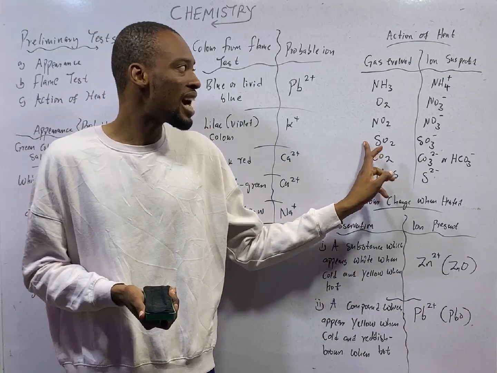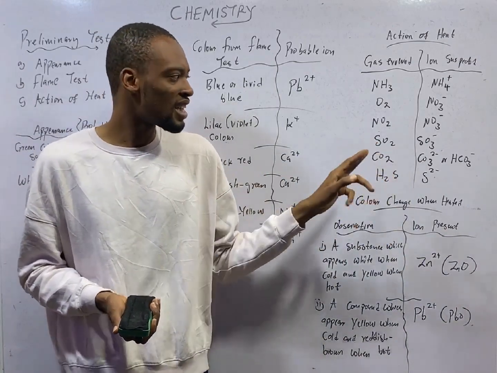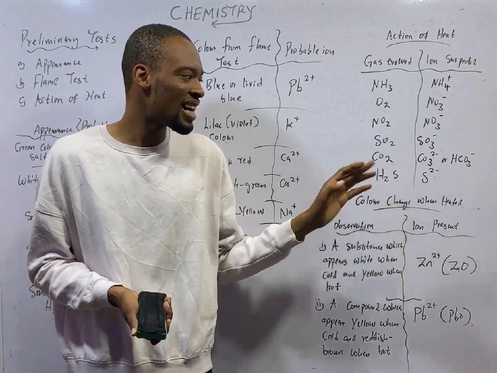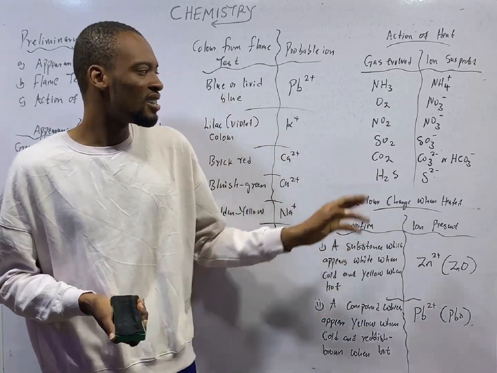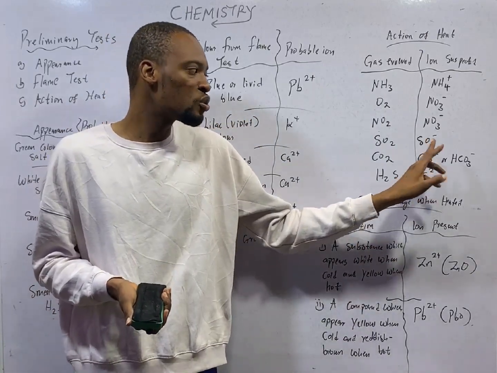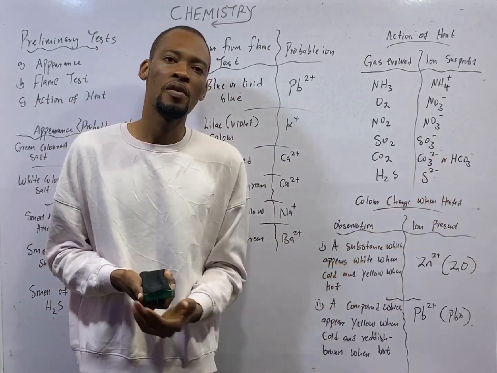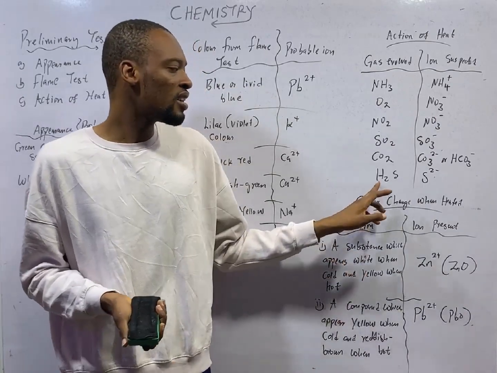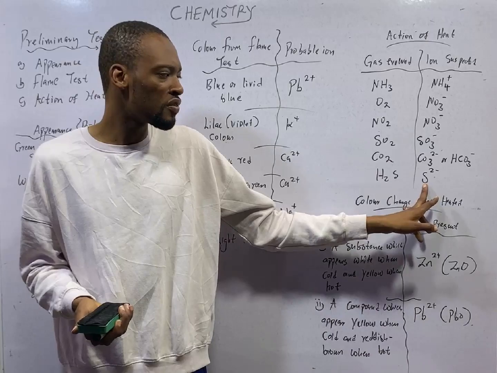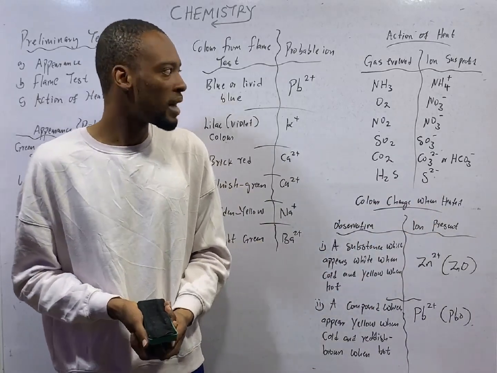When SO2 gas is evolved, know that SO3 2 minus is present. When carbon dioxide gas is evolved, we are suspecting CO3 2 minus or HCO3 minus. And when hydrogen sulfide gas is evolved, we are suspecting the presence of sulfide ion, S2 minus.